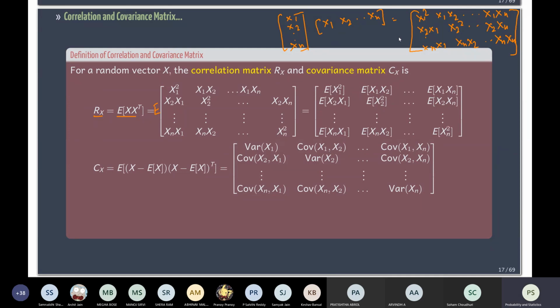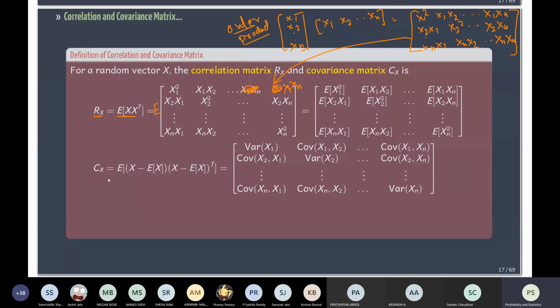This is called the outer product. If you multiply a row times a column, then it's called the inner product. So this is the outer product of the random vector with itself. This is the matrix we get, and this is the matrix which is written here, and we have to take the expectation of these. The expectation will just go inside and apply to the individual terms. I think there is a mismatch here; this term I must put here, X1 Xn.